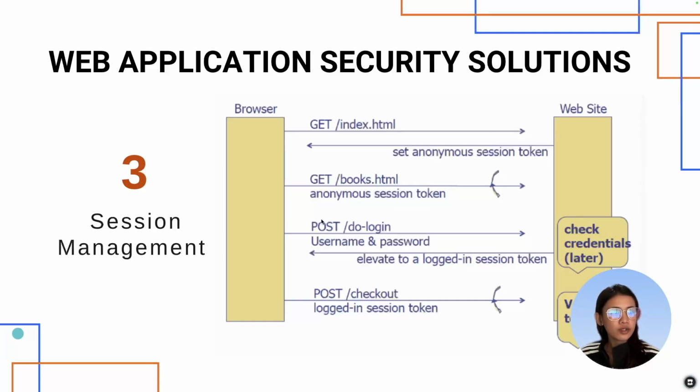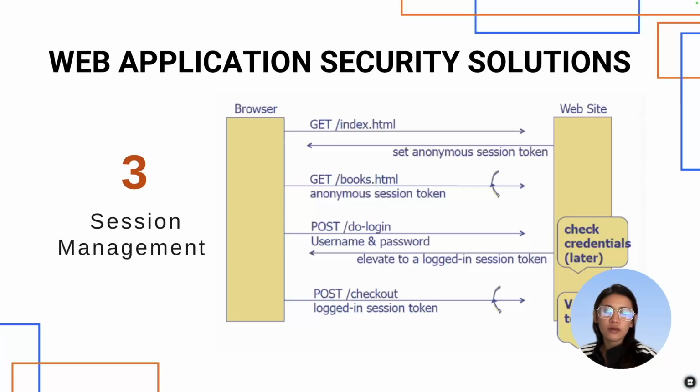And then we have here a session management process. So what happens here is that this one shows the connection between the browser or the client and the website or the server. So when the user first visits the website, the server creates an anonymous session token, and then sends it to the user or browser to track the user's activity.